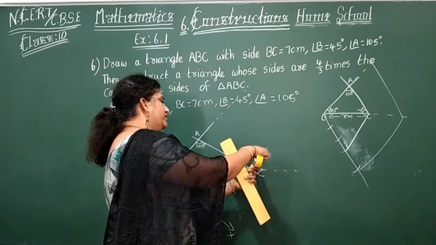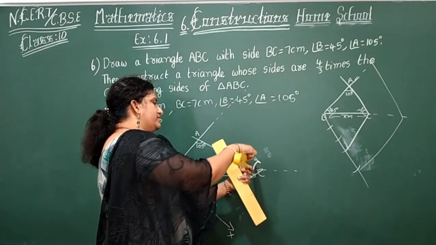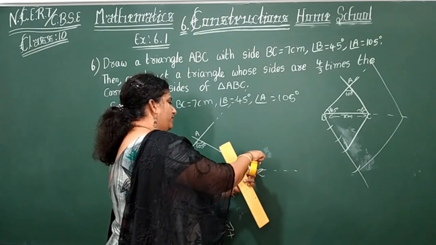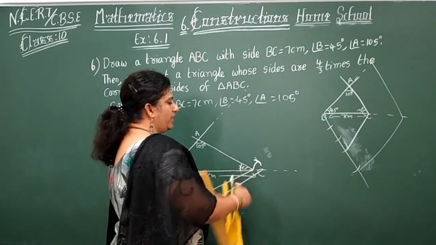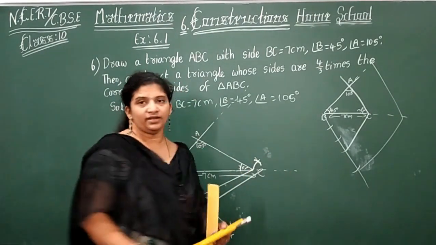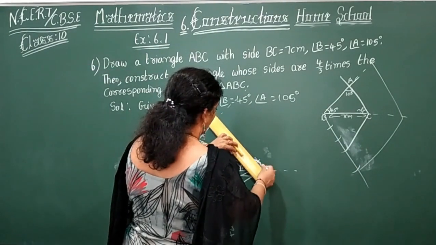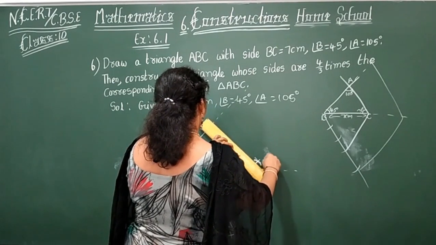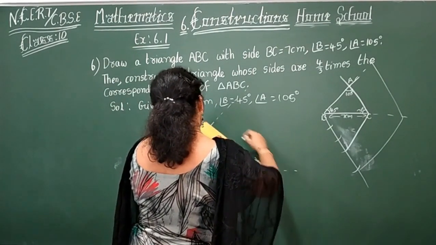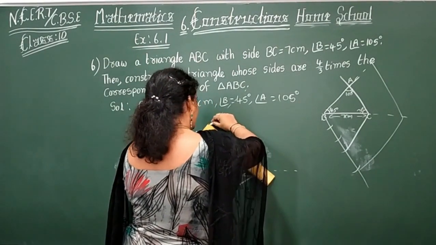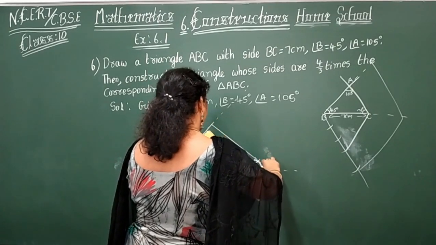Now measure this and cut this. Okay. So like this you are going to get. Then afterwards join these 2 points. Like this you are going to get here.